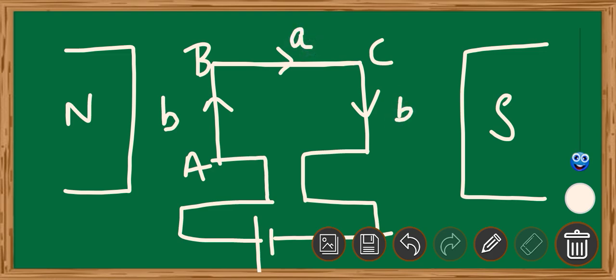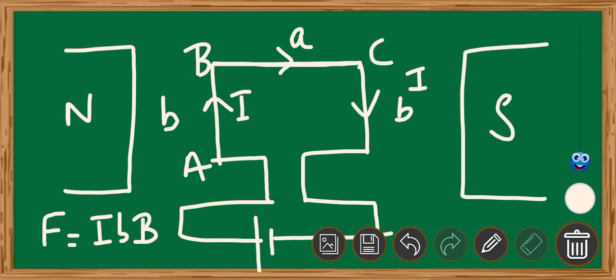Now we are going to find the force on AB as well as CD. F is equal to I L cross B. Here, in section AB, the magnetic force is I b cross B. Here the magnetic field lines and this length are perpendicular to each other, so I b B sine 90 is equal to I b B.